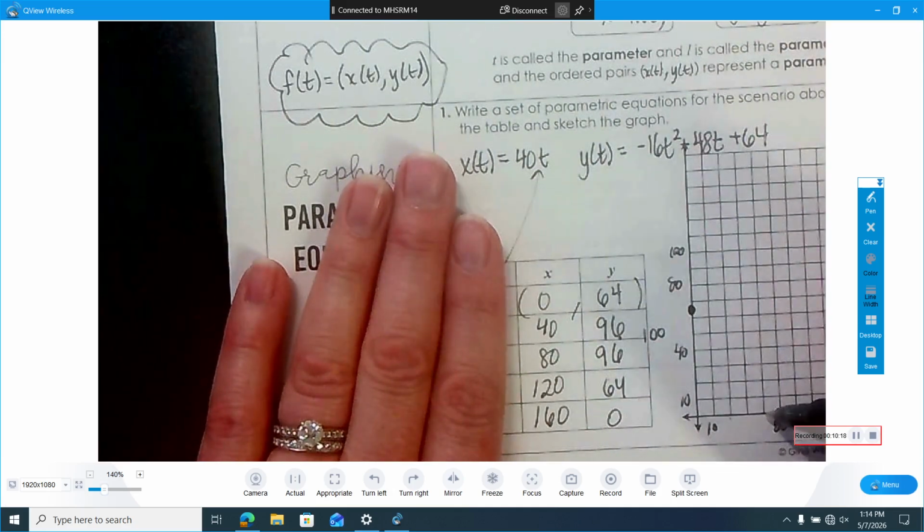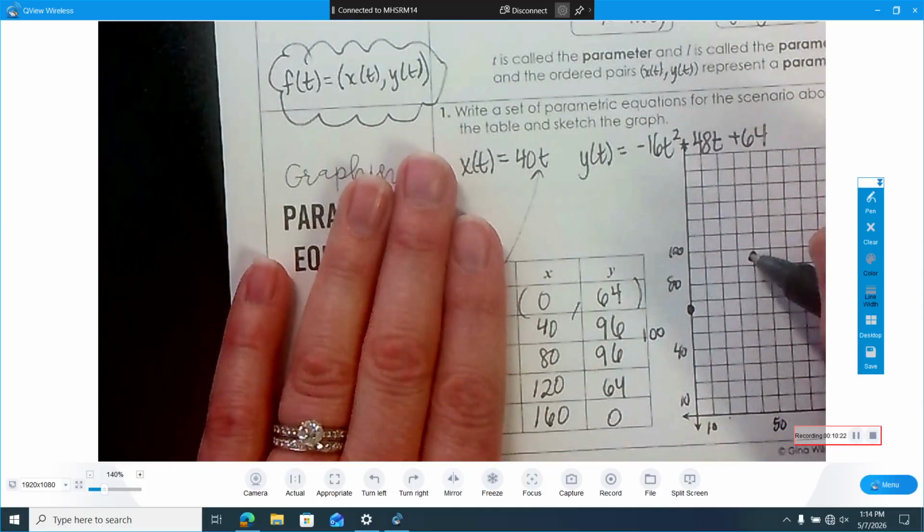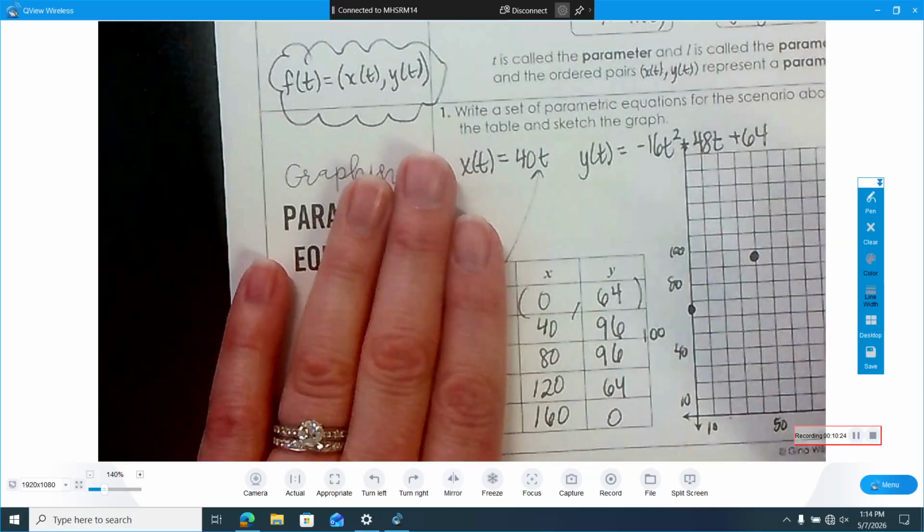And then 40, 96 is about right there. And then 80, and we're at 96 again. And you said in between those we got up to 100, so it goes up a little. At 120, I'm at 64.